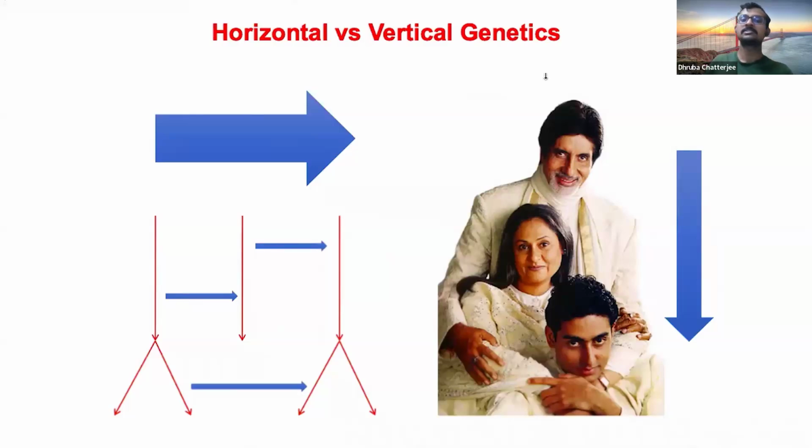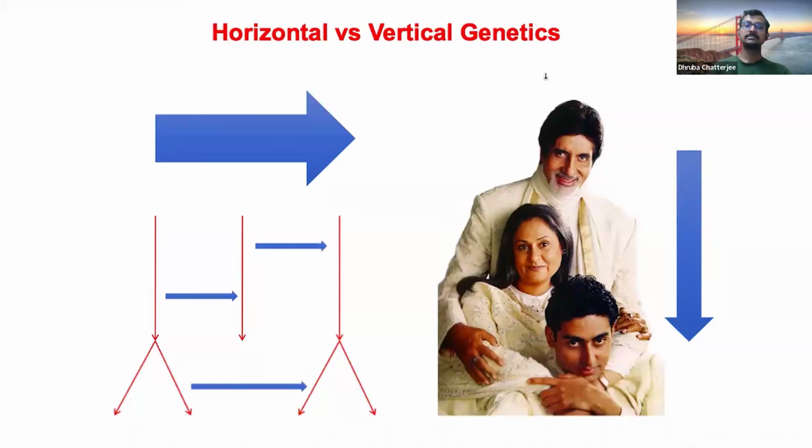What does vertical gene transfer essentially mean? It is typically what we have already been discussing: you have the parental organisms, the father and the mother, and from them the genetic information is passed on to their offspring, the child. So that is a vertical transfer of genetic information, or vertical genetics.